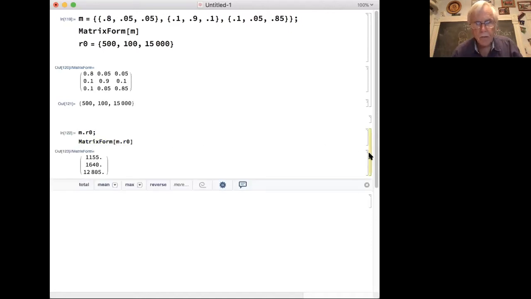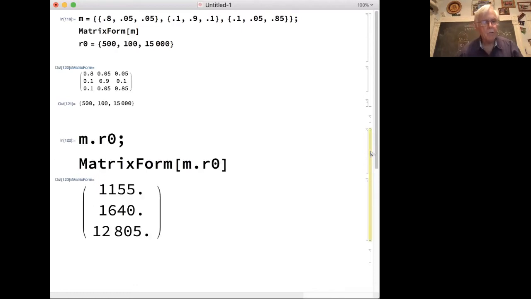And then let's take that cell and make it a little bigger, maybe. So we started with R0, which was 500, 100, 1,500, 15,000. And at the end of the first year, the subscriptions look substantially different.